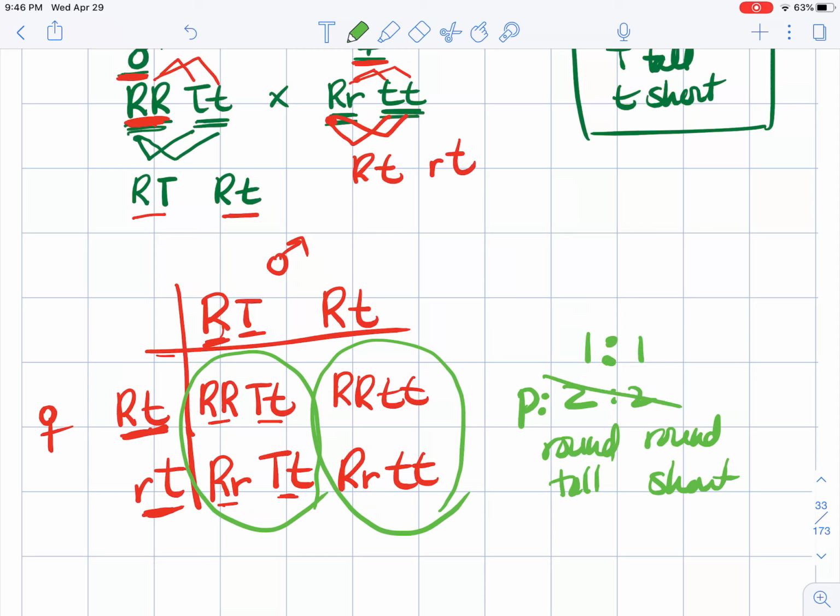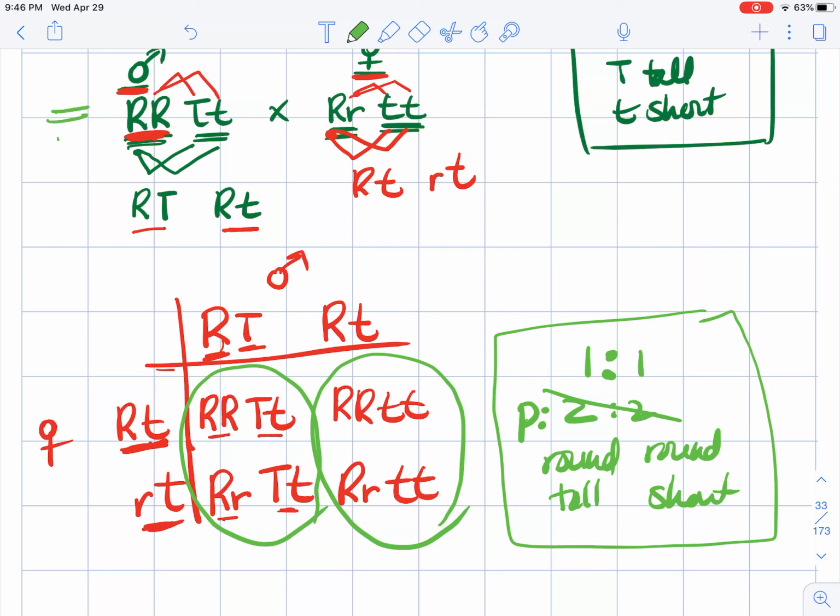And remember that we don't write it 2 to 2, so we always write the lowest possible version of the ratio. So it's going to be a 1-to-1 ratio. Physically, the phenotypic ratio is 1-to-1 of round tall and round short offspring for this cross.